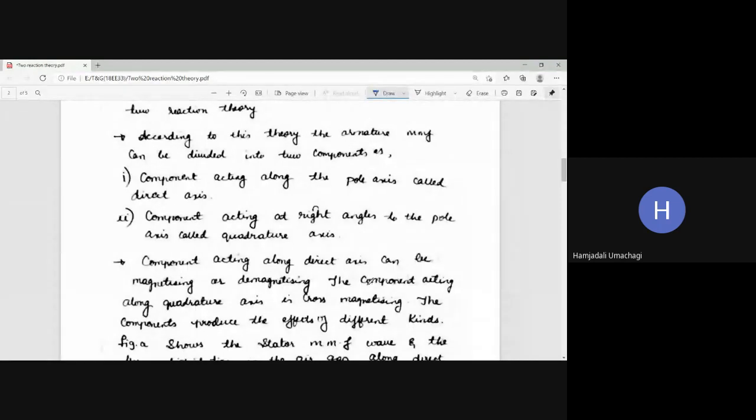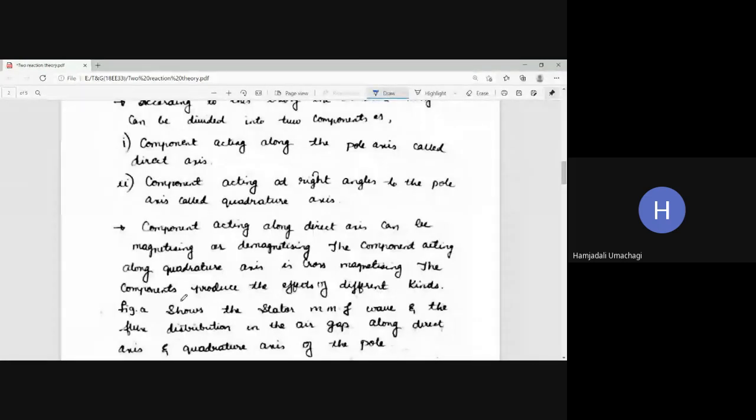The component acting along the quadrature axis is cross magnetizing. So the armature MMF distributed along the direct axis might be either magnetizing or demagnetizing, and the component along the quadrature axis will be cross magnetizing in nature.